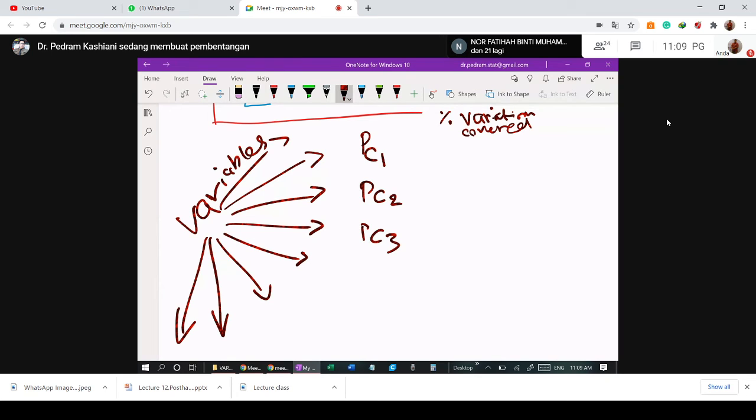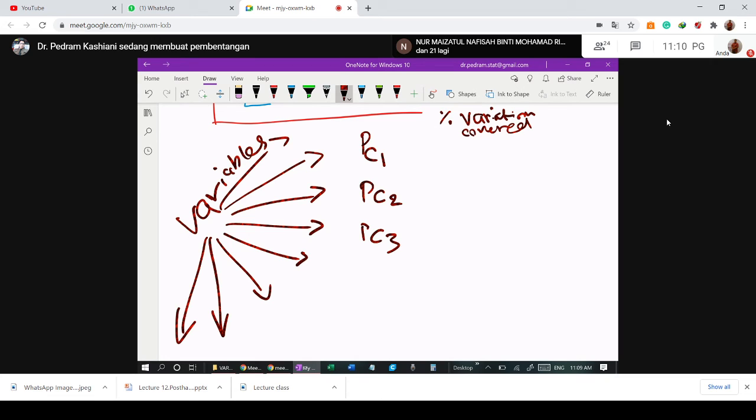Always PC1 is bigger than PC2, PC2 is bigger than PC3, and so on. In the table, when you look at the analysis, you always see variation or variance, meaning how much of the total variation in the data is covered by PC1.